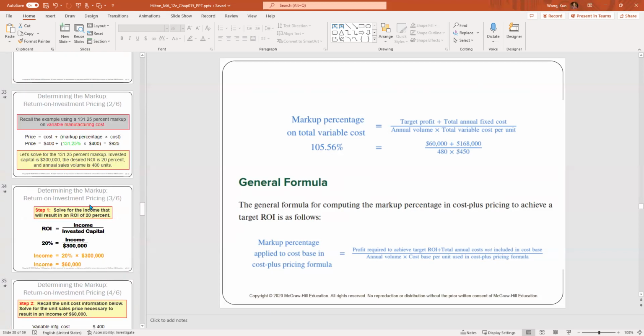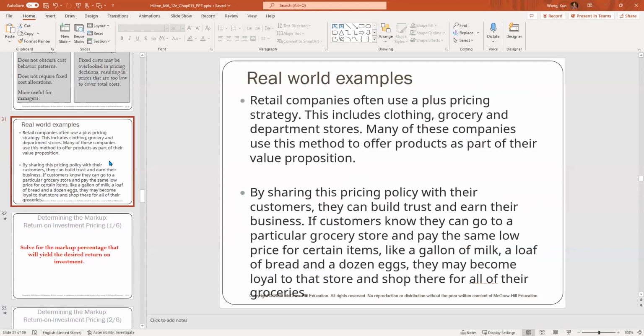Then finally getting on to the real world application, I added this slide by myself, and that's coming from one of the additional reading articles I posted on Blackboard. So in the real world, which type of companies mostly use cost plus pricing rather than target costing?